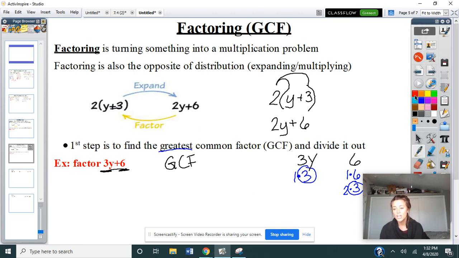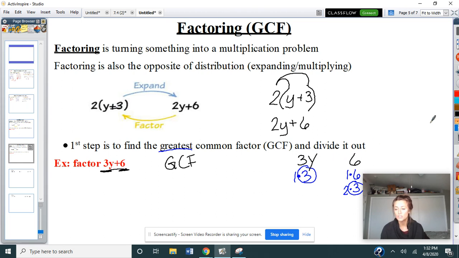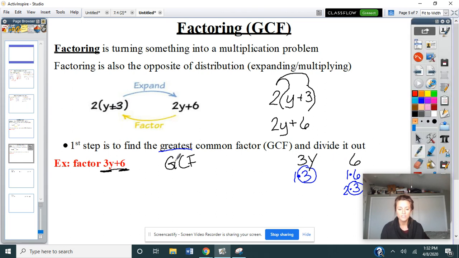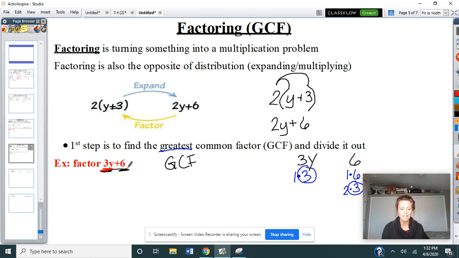Does 6 have a y? No, so they don't have a y in common. So the GCF of these two terms, 3y and 6, is just 3, because 3 goes into 3y and 3 goes into 6.